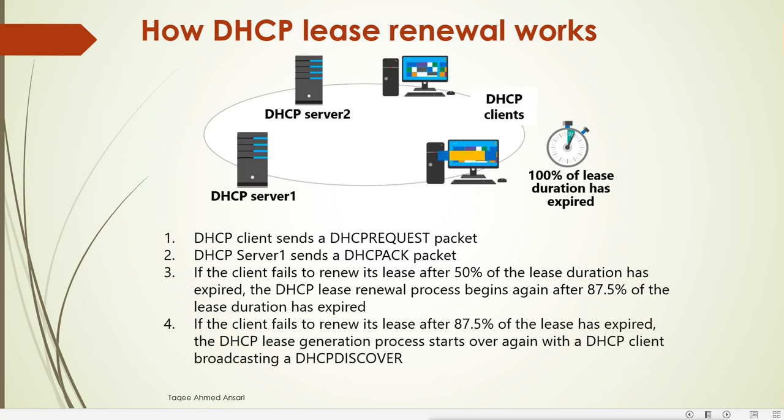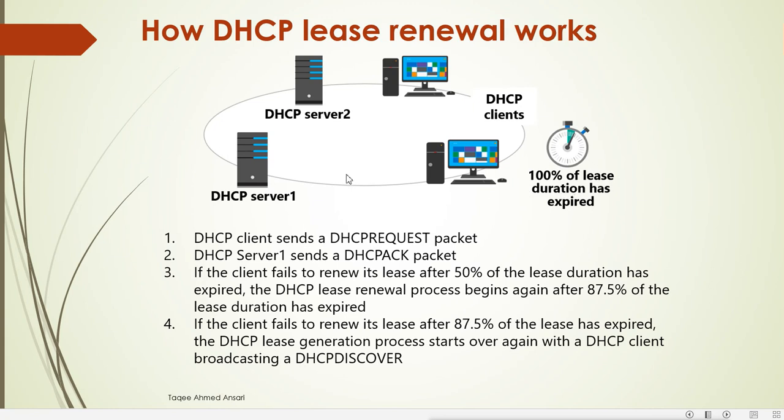Then after the 100% expiration, if the client fails to renew its lease after 87.5% of the lease has expired, the DHCP lease generation process starts over again, with the DHCP client broadcasting a discover packet. Now the 100% is expired, so it will start again sending the discover packet to DHCP servers to get an IP address, because the lease time is expired.